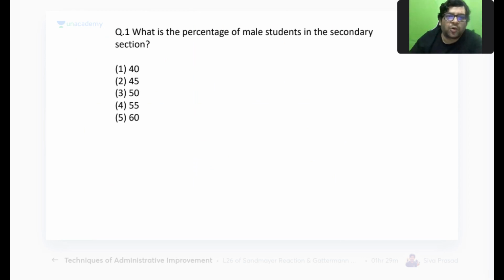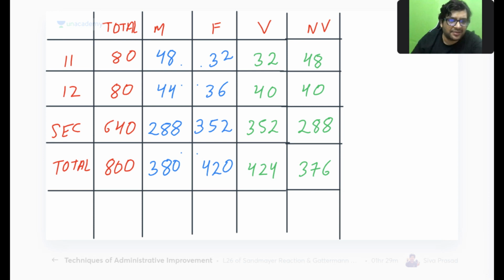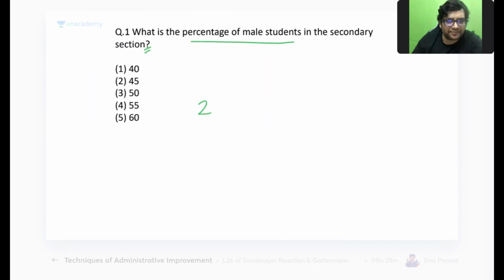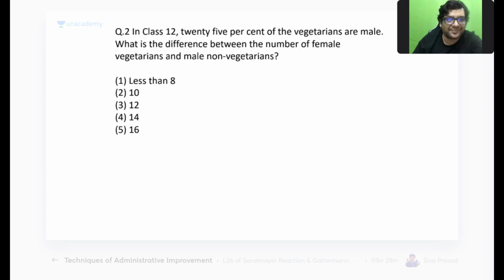Chalo. What is the percentage of male students in the secondary section? Male students in the secondary section is 288. Okay. So 288 by 640, how much is that? 45%. Thank you, Rahul, for saving me the effort of calculation.